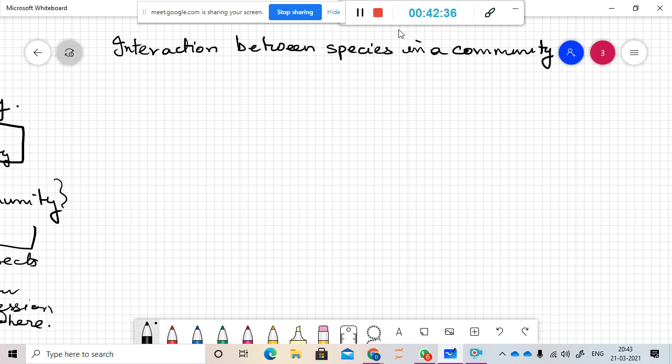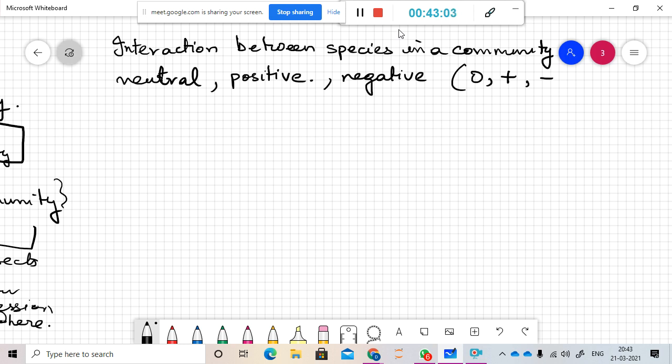That can be neutral, that is, nothing happens, or it can be positive, that is, they help each other, or it can be negative. So neutral can be written as 0, positive means they are helping each other, plus, and negative is minus. So you can write an interaction between two species in these terms.